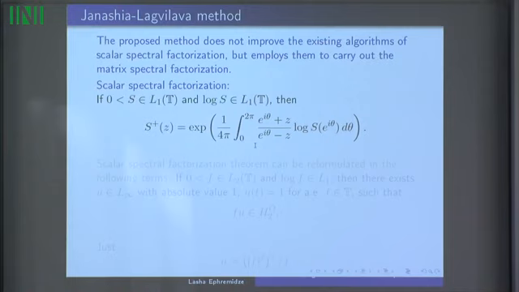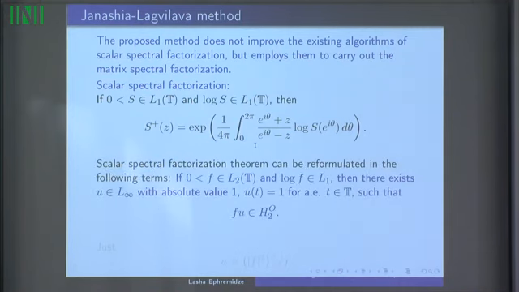Therefore, we reduce matrix factorization to scalar factorization. And we will reformulate the existence of scalar factorization, which is given by this formula, in a slightly different form, which we use in the sequel.